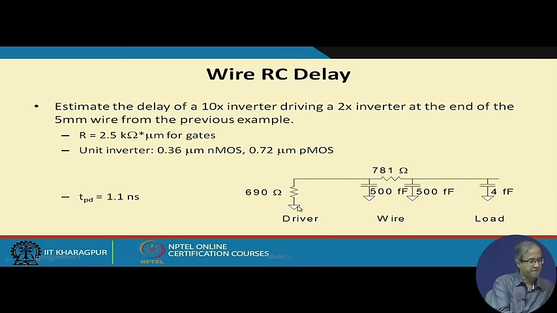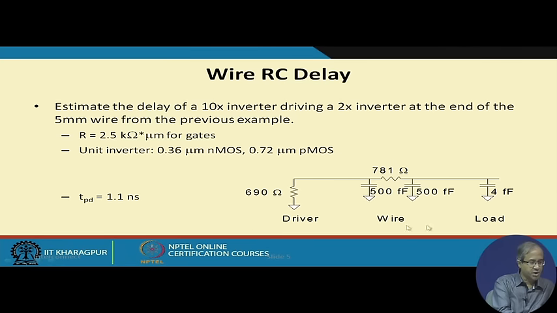So, the effective resistive load here will be 65 ohm. Similarly, on the other side, there are 2 transistors which are of course 2x. If you similarly estimate the capacitance of this N and P type, here it is not shown, it comes to 4 femtofarad.